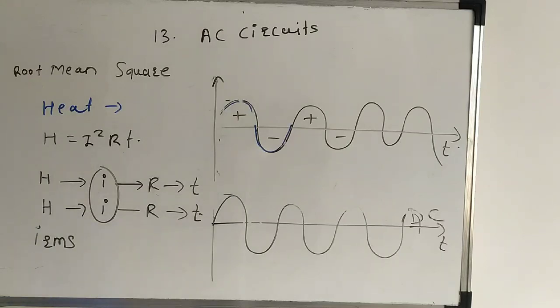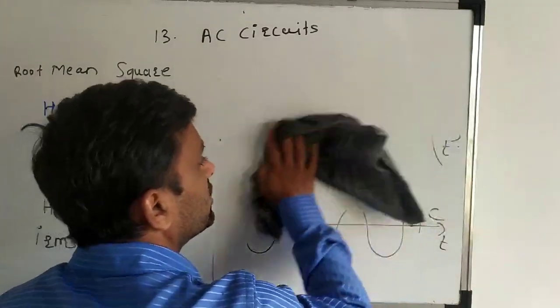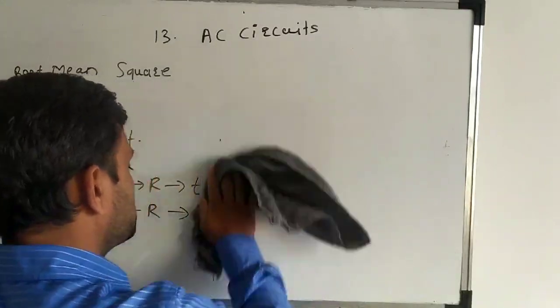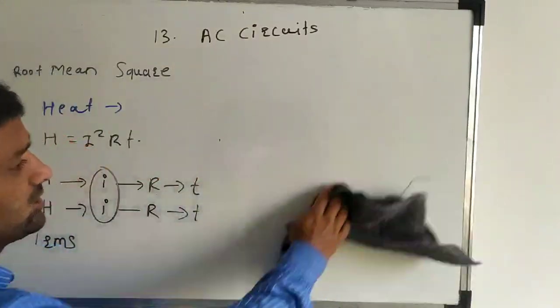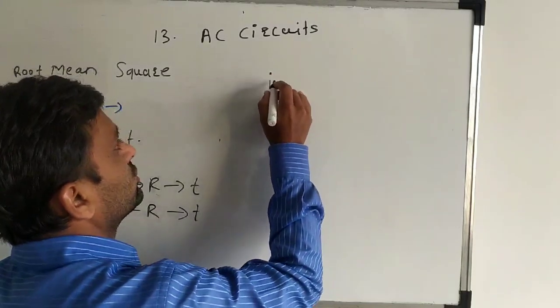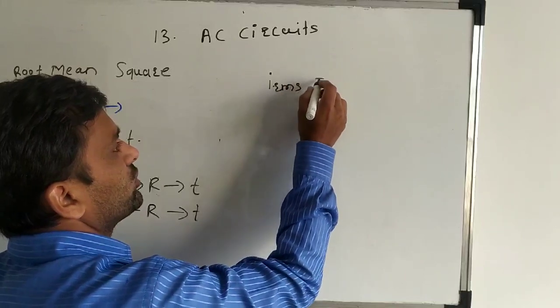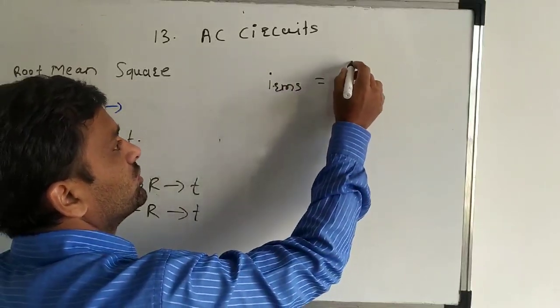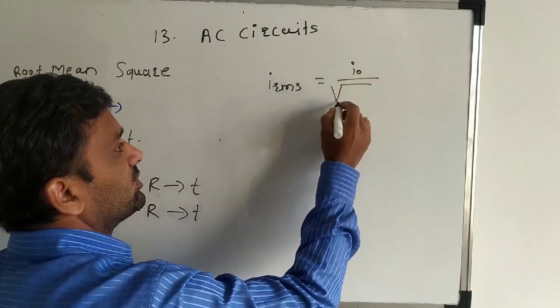Now what is the relation between peak value of current and root mean square value of current? Then we have the formula which gives the relation. The formula is IRMS, that is root mean square value of current, is equal to peak value of current divided by root 2.